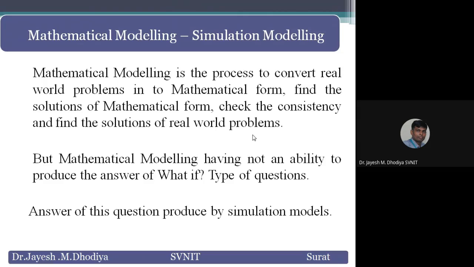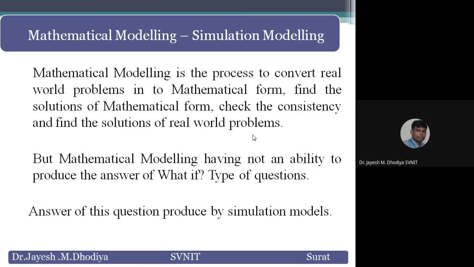A mathematical model does not give you a solution for what-if types of questions. There is one real world situation, we convert that real world situation into the form of mathematics, and we find its solution.